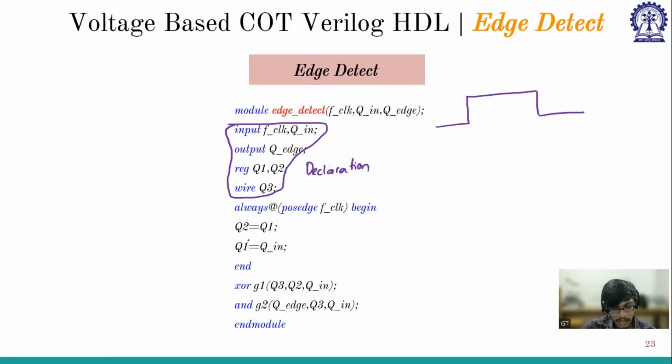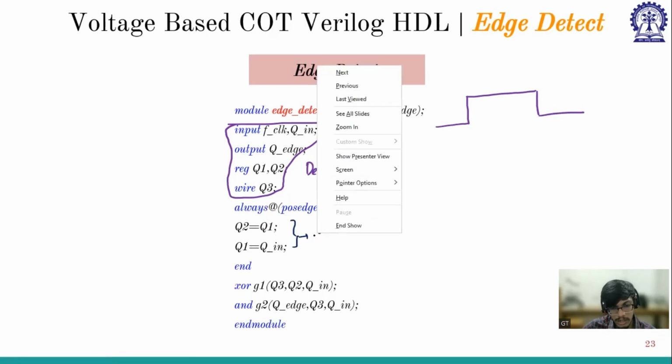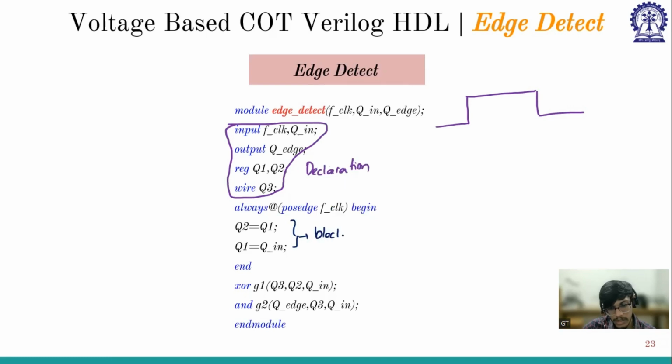We already know these are non-blocking statements, or blocking statements. These are blocking statements, so it will happen sequentially. So say this is Q in. Then SAR is doing Q2 from Q in. So Q2 will be delayed by one switching clock. So this is our Q2.